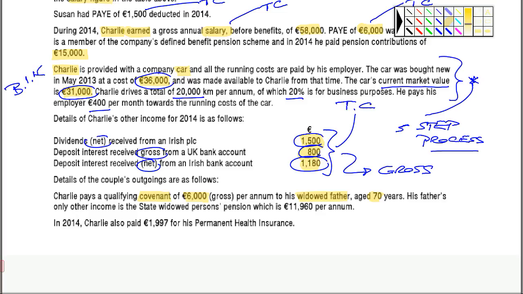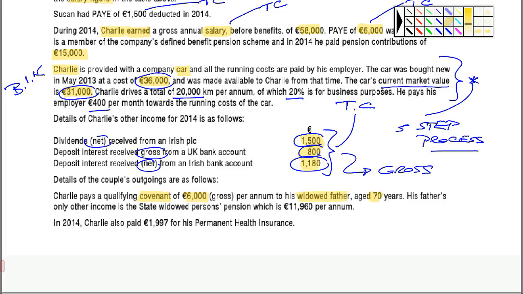And as you'll see within the deductions chapter, it's really a simple deduction. A little bit more to it than that, but in essence, if Charlie is paying a covenant to an individual, and particularly his father, he can deduct the amount as a deduction subject to some conditions. So we'll see more of that in a minute.